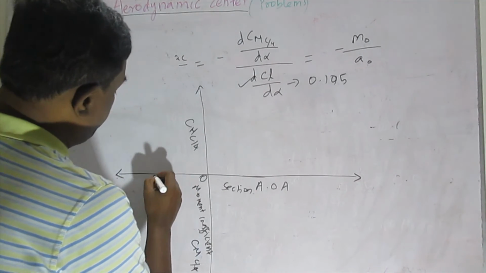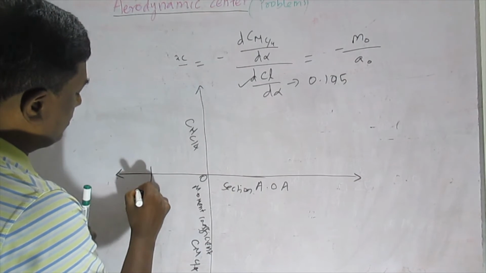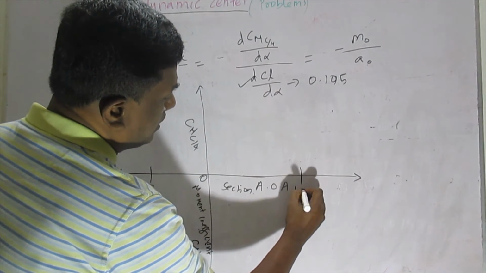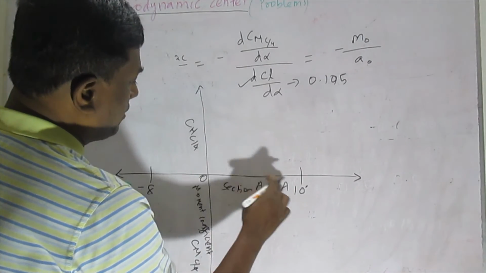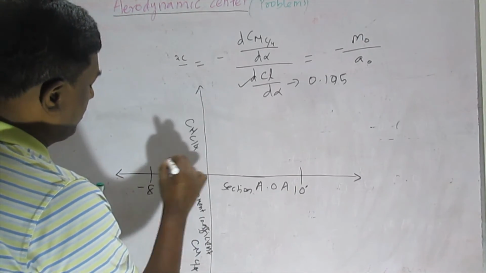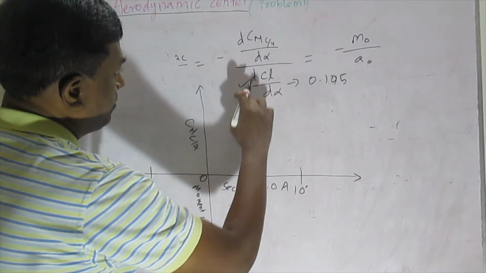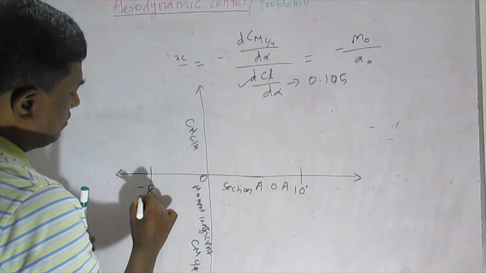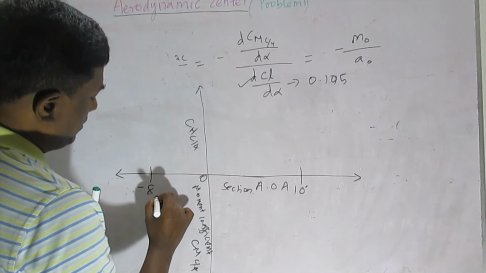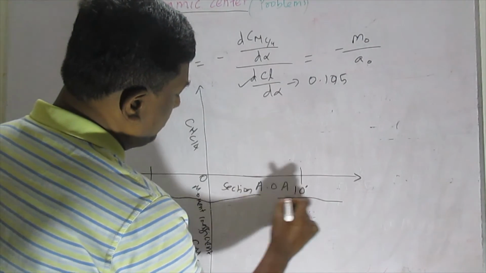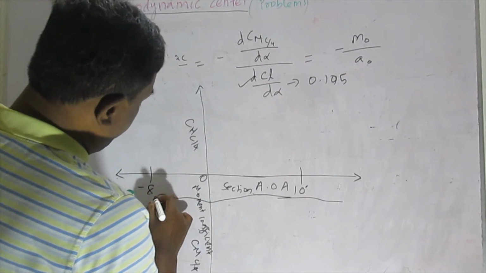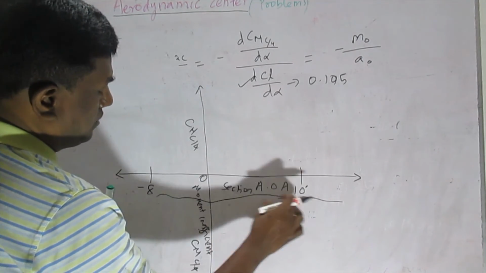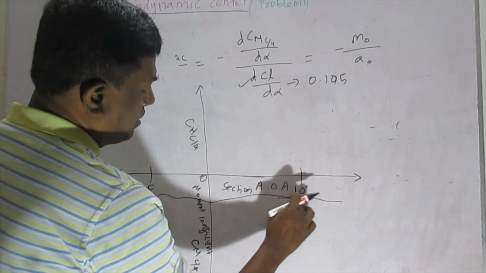Between two limits, we have taken minus 8 here and plus 10 degree here, and at both angles we have taken the moment coefficient at the quarter chord point. The pitching moment or moment coefficient distribution line was something like this.